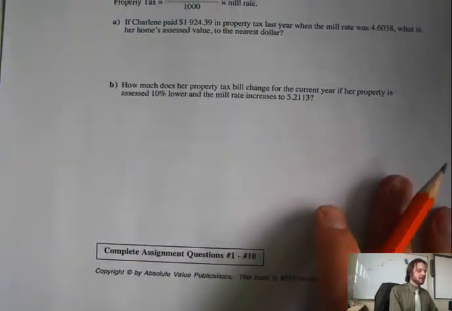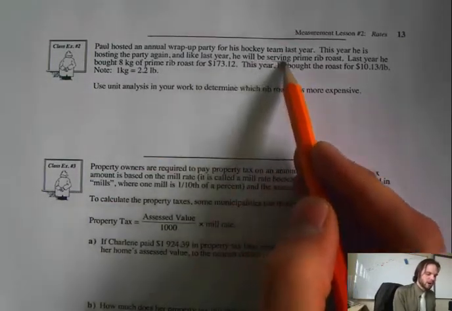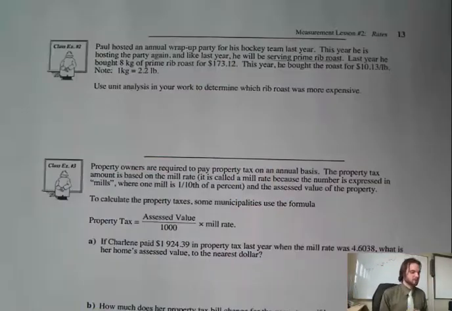So let's take a look at our second example. We have Paul, who's a nice guy, and he hosts his annual wrap-up hockey party, okay? So this year, he is hosting the party again, and just like last year, he will be serving prime rib roast. Oh, nice prime rib roast.